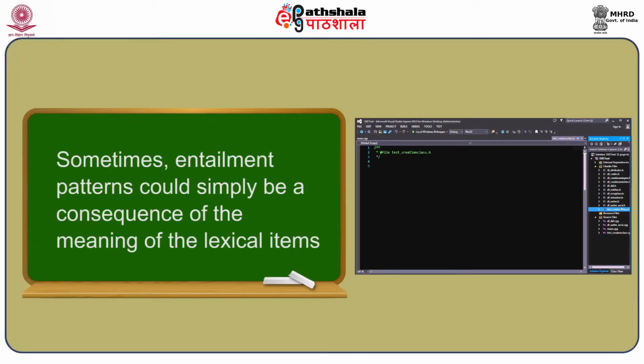Sometimes entailment patterns could simply be a consequence of the meaning of certain lexical items that you choose. So for example, suppose I say John is a bachelor, it entails that John is male, it also entails that John is unmarried. This is a consequence of the fact that bachelor in some sense just means an unmarried male.